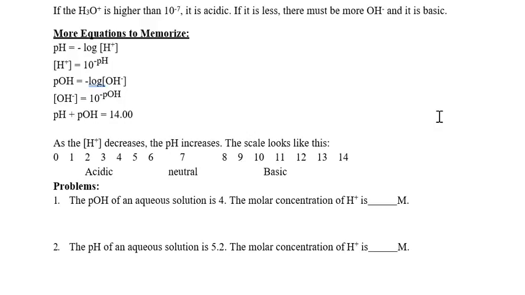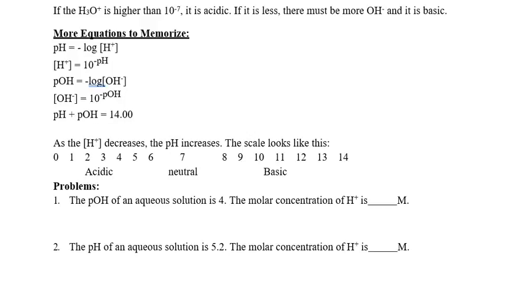And if you know what your pH is, then you add that to your pOH, and that will always give you 14. So if you don't know what the pOH is, but you know what the pH is, you can just take 14 minus the pH, and that will give you the pOH.